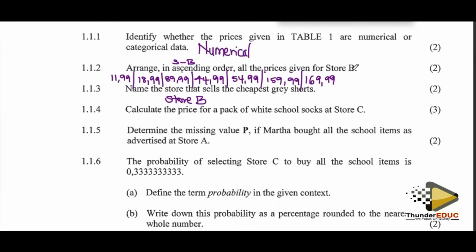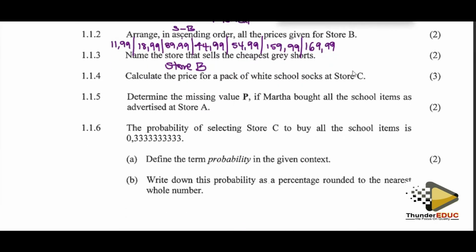So we need to divide 85 rands 99 cents by 5. And the answer there became 17 rands 20 cents.